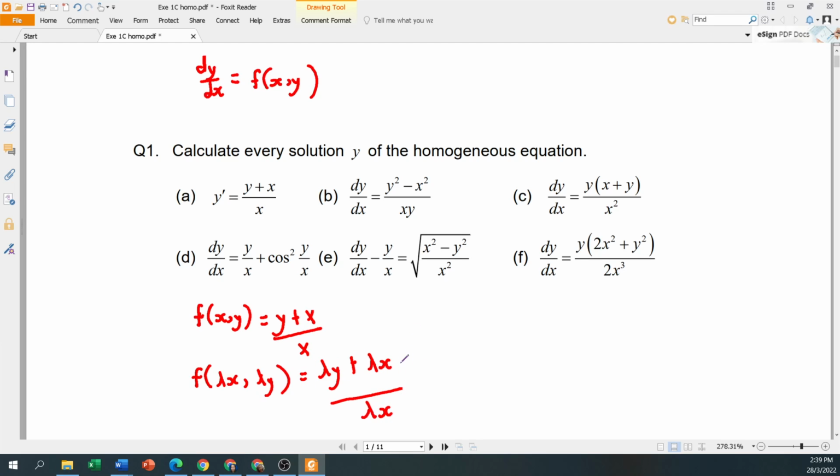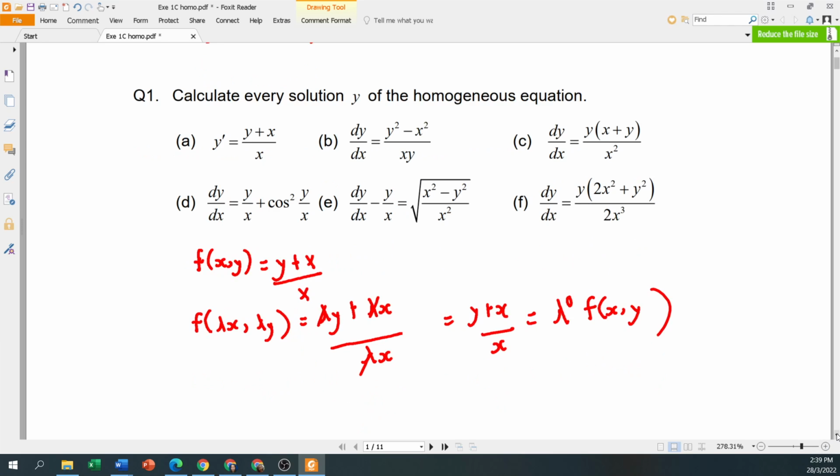Each term has lambda, which we can cancel out. Then we get back y plus x divided by x, or lambda power 0, which is 1. So y plus x divided by x is your f(x,y). Hence, this is a homogeneous equation. But if the question already mentions this is a homogeneous equation, you no need to show this step. You can directly solve it.